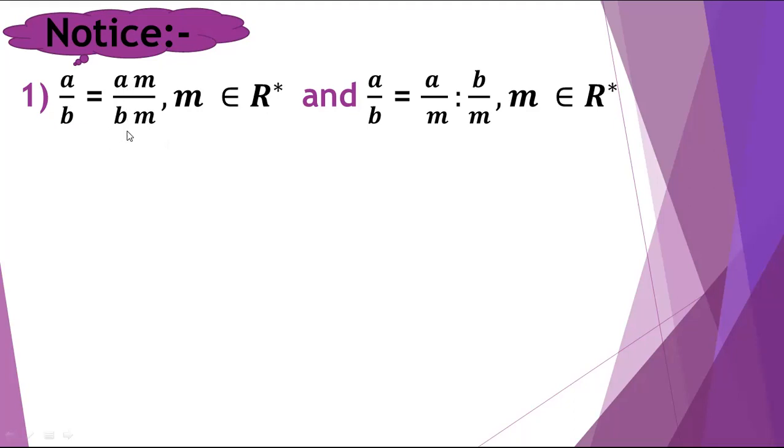We can multiply each term of the ratio by any real number except 0. This is equivalent to A over B. Also, we can divide each of the terms of the ratio by m, and m can be any real number except 0. That means A over B is equivalent to A divided by m over B divided by m.